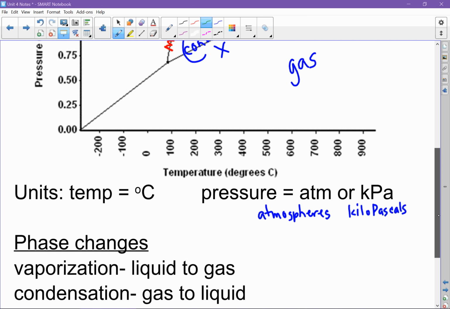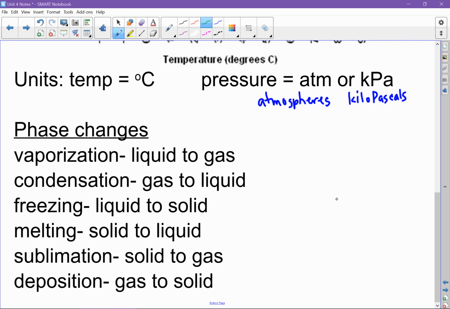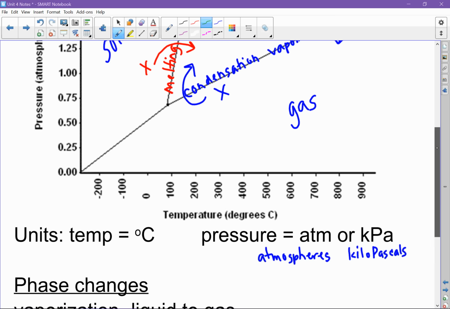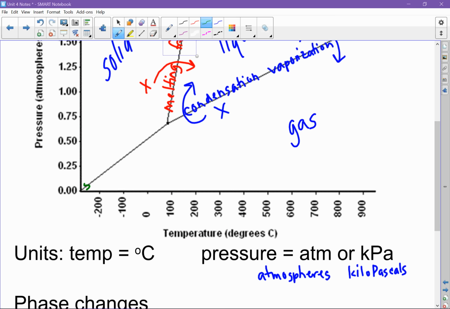Okay? Last set of phase changes is sublimation and deposition. Those happen between solid and gas, so those are down here on this little section of the graph. So you've got sublimation. Let me write that again so it's neater.